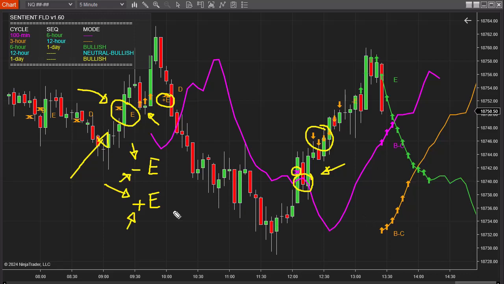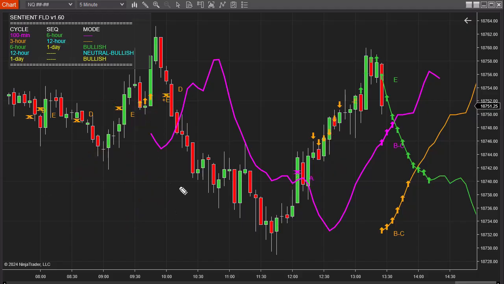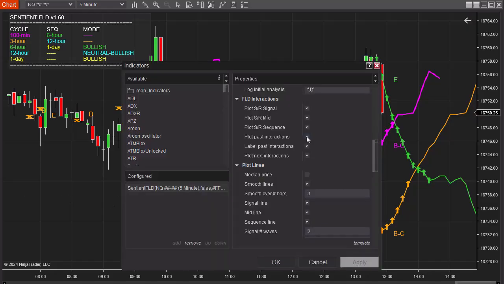Plotting all of the past interactions on your chart can be interesting, particularly as you are learning to work with the FLD indicator, but it tends to contribute towards very messy charts, and so by default these past interactions are turned off. But you can see that you can plot the symbols only or the labels only for those past interactions if you like.